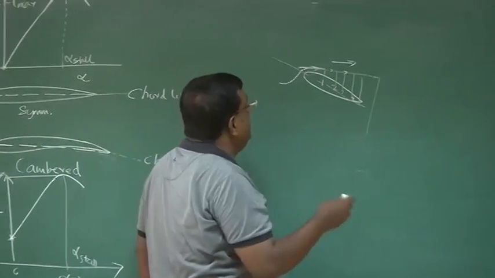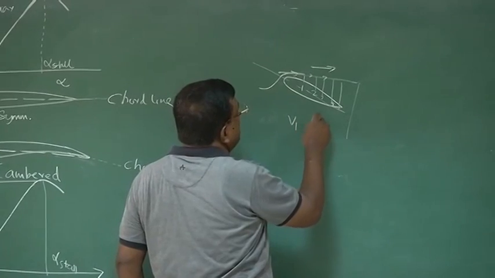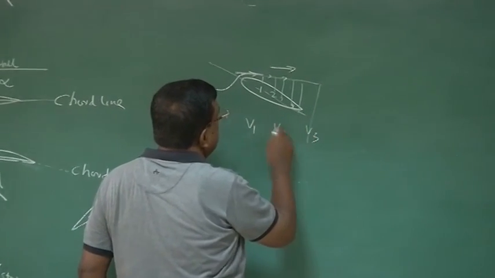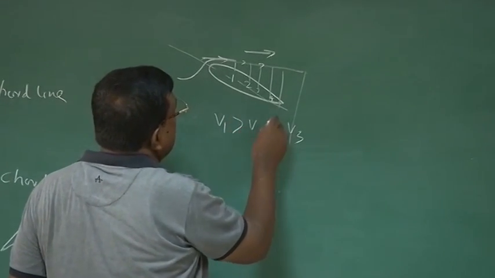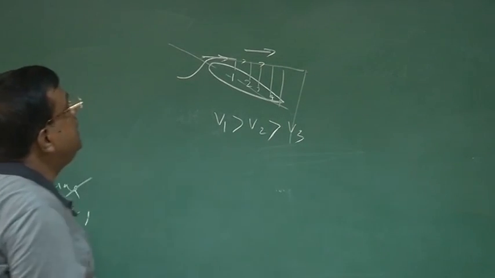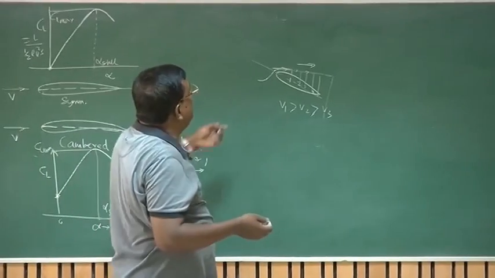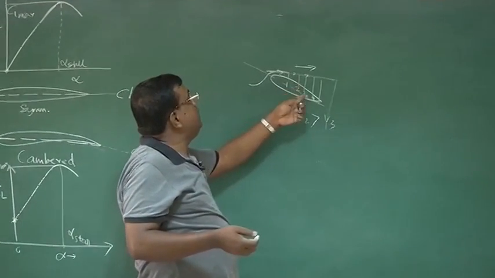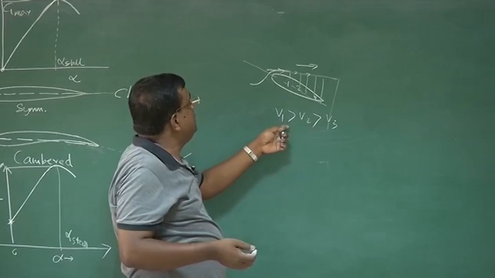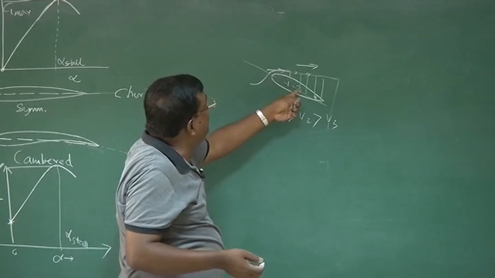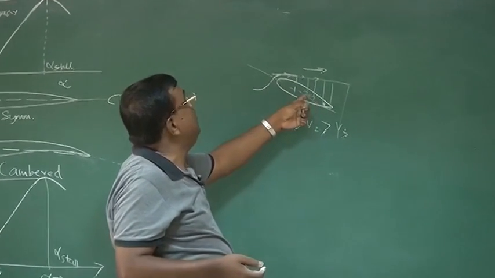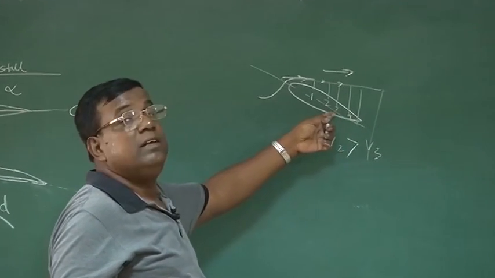Area increasing means the velocity reduces: v1 is greater than v2, v2 is greater than v3. As area is increasing, to maintain the same amount of fluid flow, the velocity has to reduce. So v2 will be less than v1, v3 will be less than v2, v4 will be less than v3.